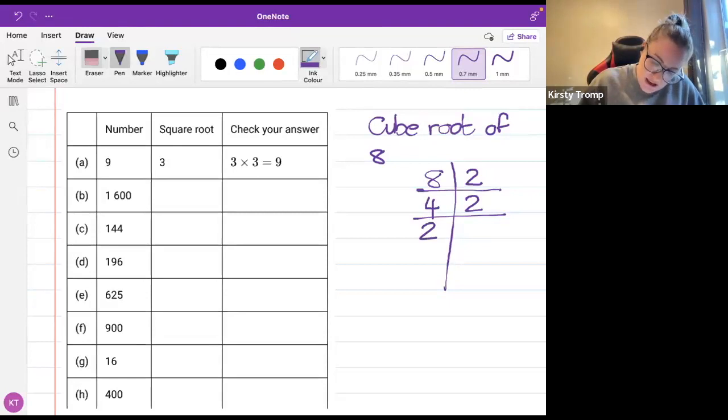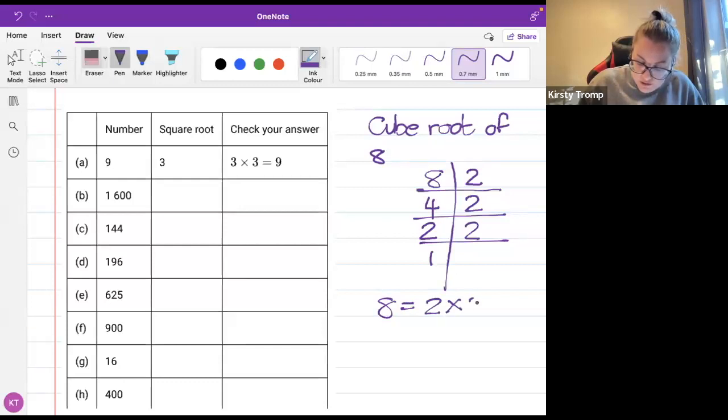So I put the 2 there. All right. So 4 divided by 2 gives me 2. Right. Can 2 go into 2 again? Yes, once. Good. And I get 1. So if I had to write this now, what would I say? I would say 8 is equal to 2 times 2 times 2. Good. So what is the cube root of 8?